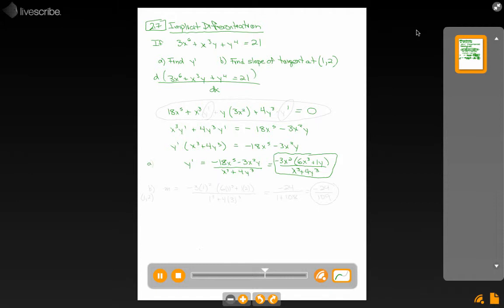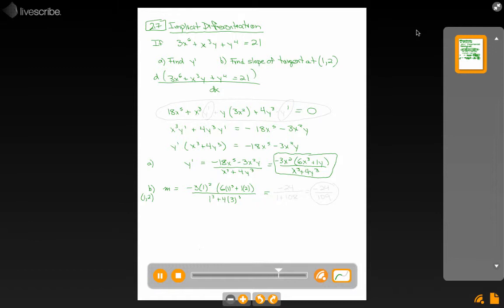Now for question B, provided we've done that part correctly, our slope of our tangent is just going to mean put in x equals 1 and y equals 2, because we're doing it at the point 1 comma 2. So I've got negative 3 times 1 squared, 6 times 1 cubed, plus 1 times 2. All that divided by 1 cubed plus 4 times 2 cubed.